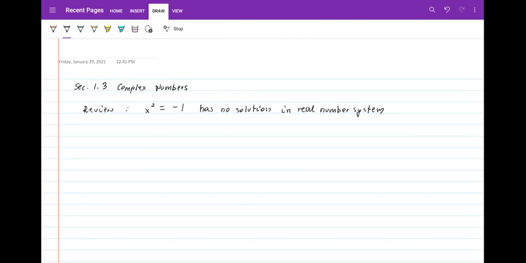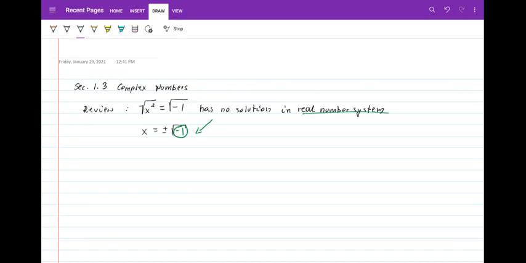Because to solve this equation, we'll need to take the square root of both sides, and then we'll end up with x equal positive or negative square root of -1. And we all know that we cannot take the square root of negative numbers when we talk about the real number system. So that's why this equation has no solution, because of that -1 under the square root.